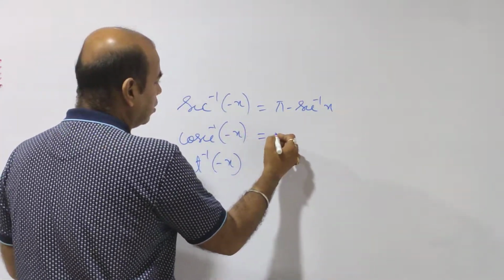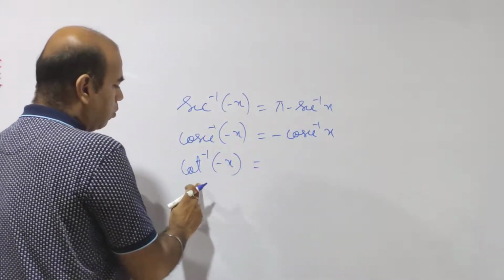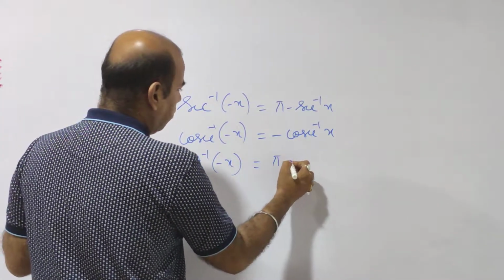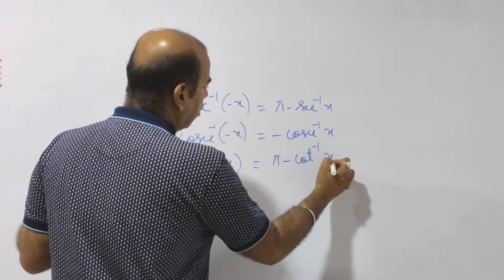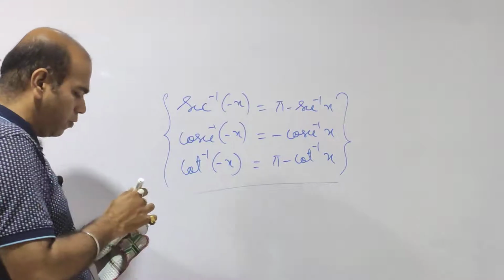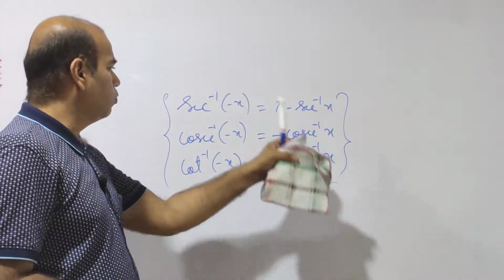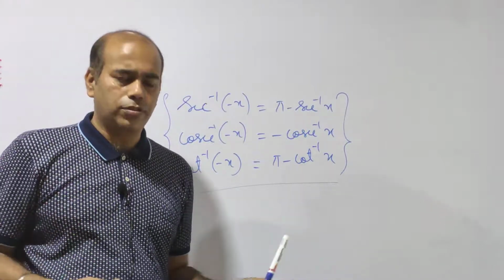Cosec inverse minus x is minus cosec inverse x, and cot inverse minus x is pi minus cot inverse x. So these are the formulas and they are very, very important. While doing questions, you will find such types of formulas.